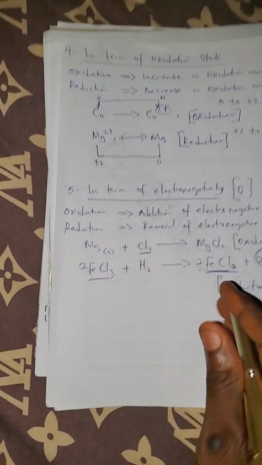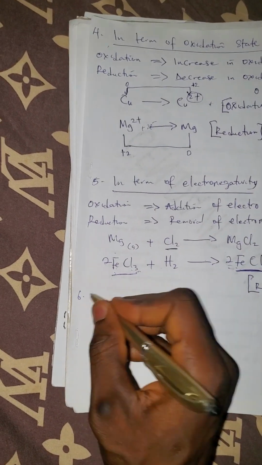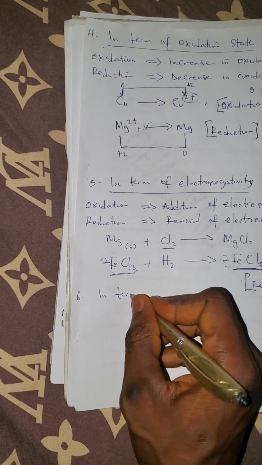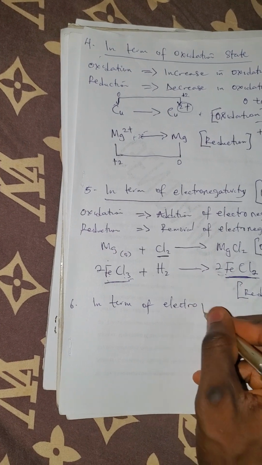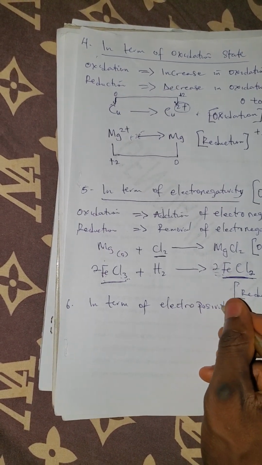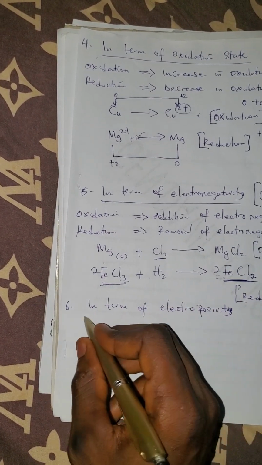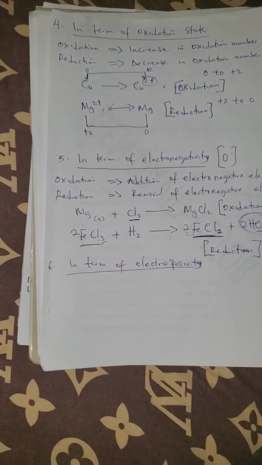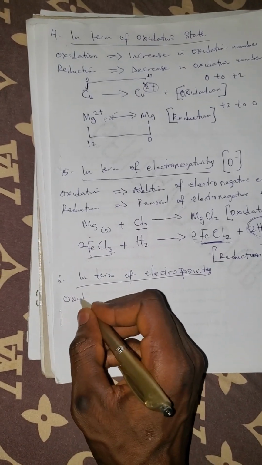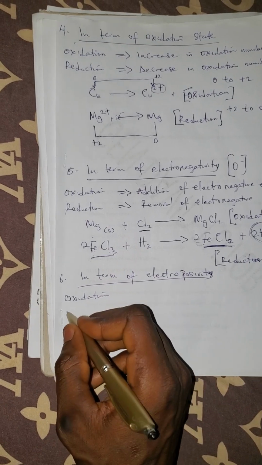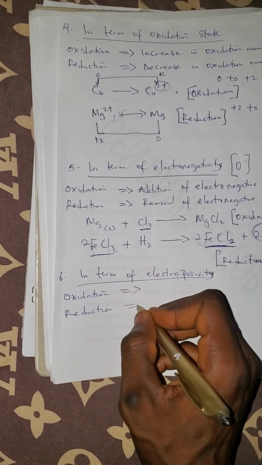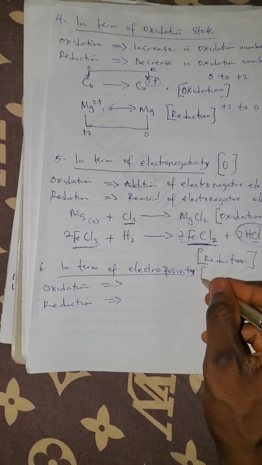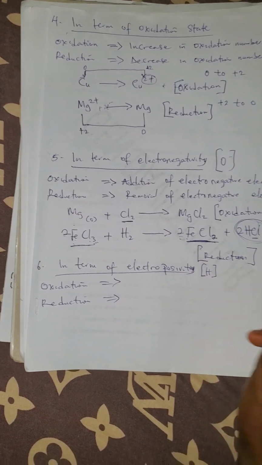Now, number 6 is in terms of electropositivity. Now, what is oxidation and what is reduction? This will be the opposite of the previous one. So if you want to define electropositive, remember hydrogen.